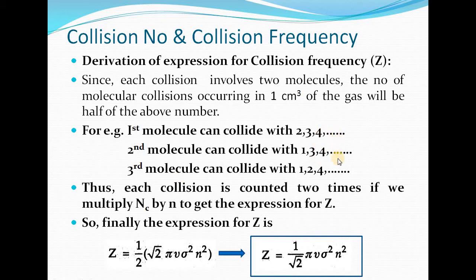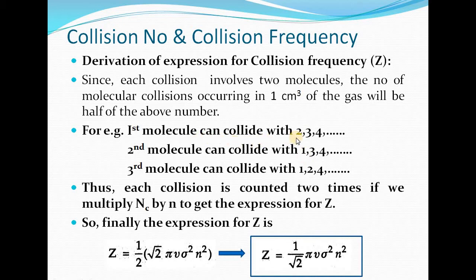So, when we are counting the total number of collisions undergone by n number of molecules in 1 second, each collision is counted here 2 times. For example, first is colliding with 2, second is also colliding with 1. So this collision has been counted 2 times. The collision between first and second is 1, but we are counting it 2 times.